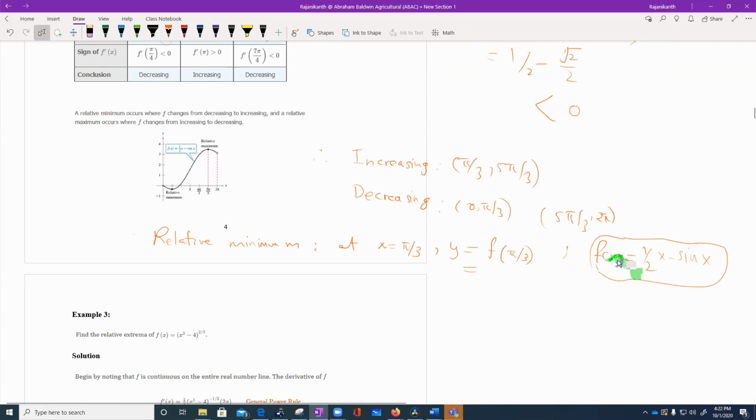So that will be half times pi over 3 minus sine pi over 3. Okay, so you will now have decimal values. Sine pi over 3 is square root 3 over 2.